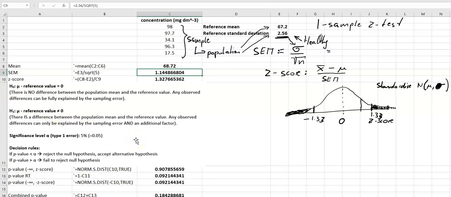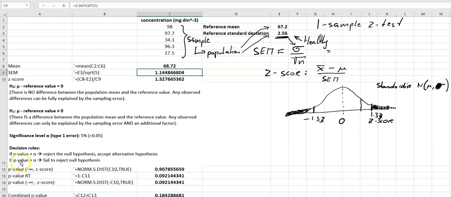We would set a significance level that gives us a decision tool, and we can set it to whatever we want, but usually this significance level alpha, which is also called type 1 error, is very often set to 5%, which is the same as 0.05. And we set up a decision rule: if the p-value, the probability to find these z-scores, is smaller than our decision cutoff point alpha, then we reject the null hypothesis and we accept the alternative hypothesis.